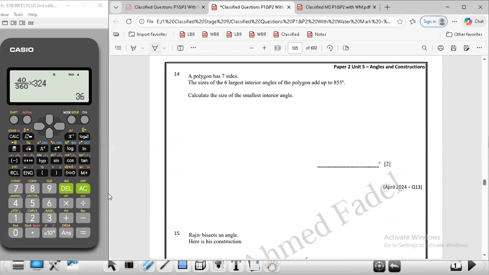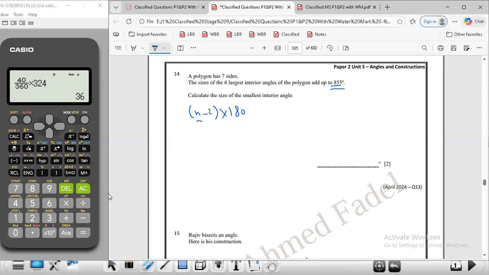Question 14. A polygon has seven sides. The sizes of the six largest interior angles add up to 855. Calculate the size of the smallest. Seven sides. I'm going to do n minus 2 multiplied by 180. And I replace n with 7. You're going to find that it is going to be exactly 900 degrees.